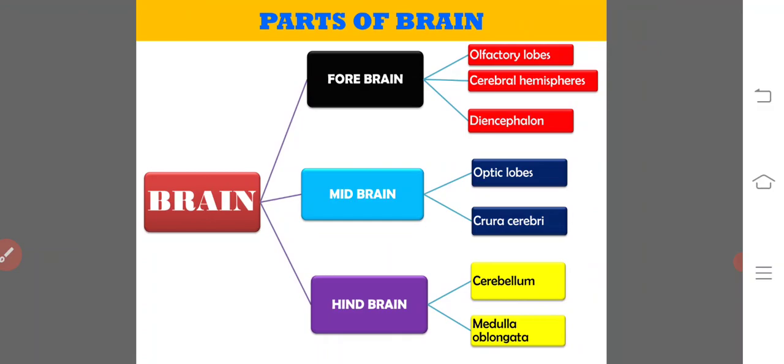See here, the brain is enclosed in the cranium of the skull. The brain is protected by two meninges called pia mater and the dura mater. The two coverings remain separated from each other and the space between them is called the subdural space.